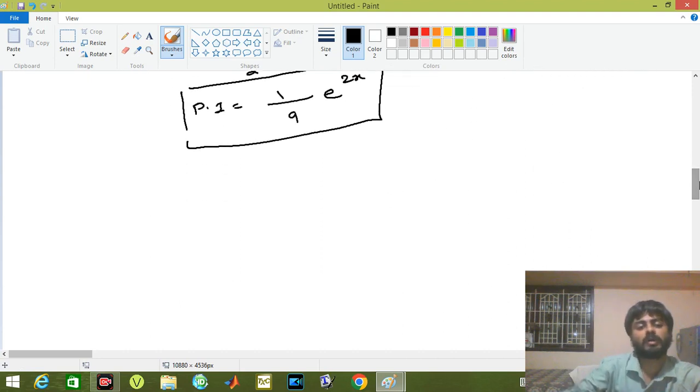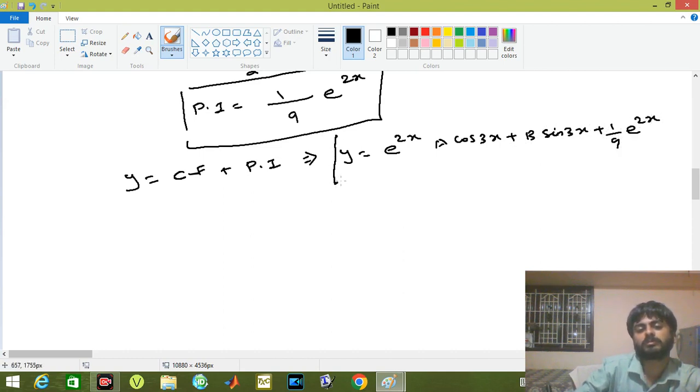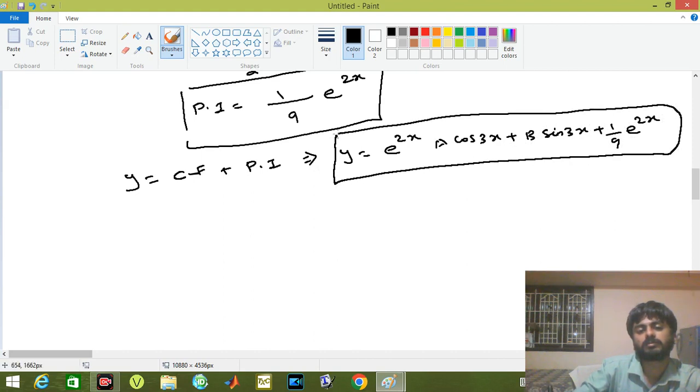Now you have obtained your solution. So y equal to CF plus PI, that is given by y is equal to e power 2x a cos 3x plus b sin 3x plus 1 by 9 e power 2x. So this is your solution.